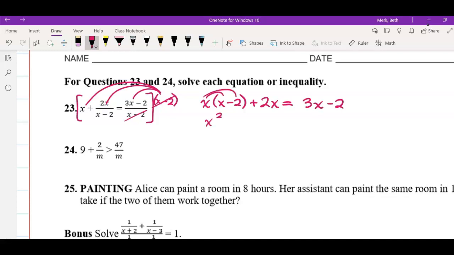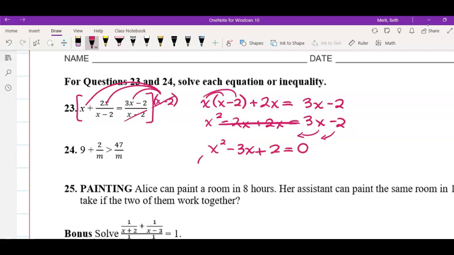Distributing, I get x squared minus 2x plus 2x equal to 3x minus 2. These eliminate, and I move these terms to the left because I need a quadratic to equal 0 so that I can solve it. And I factor.